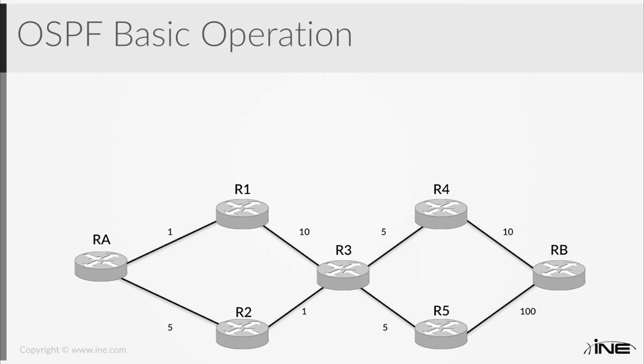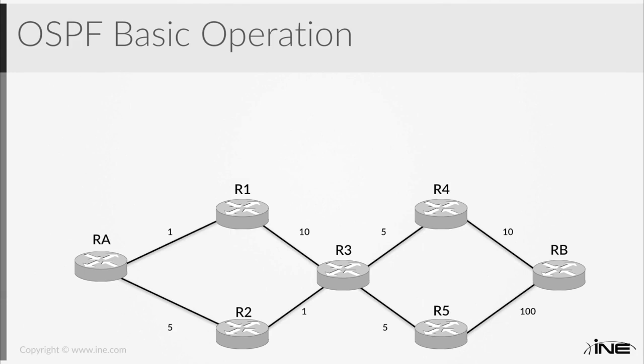So, as I said before, OSPF runs the Dijkstra algorithm, and what it does, in a redundant topology like the one you see here, is determine what is the shortest path based on cost. So it's going to be an operation similar to pruning branches of a tree.